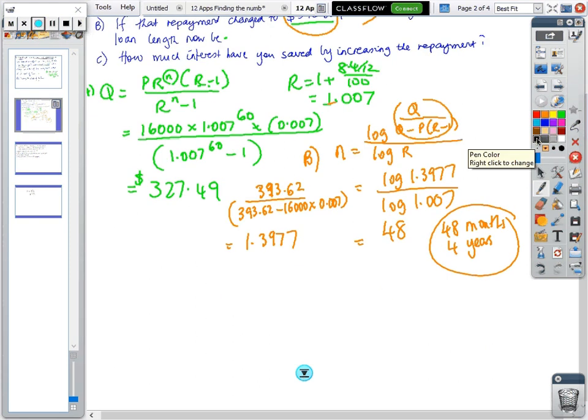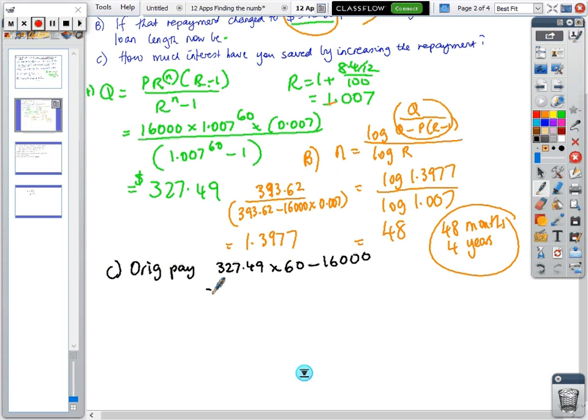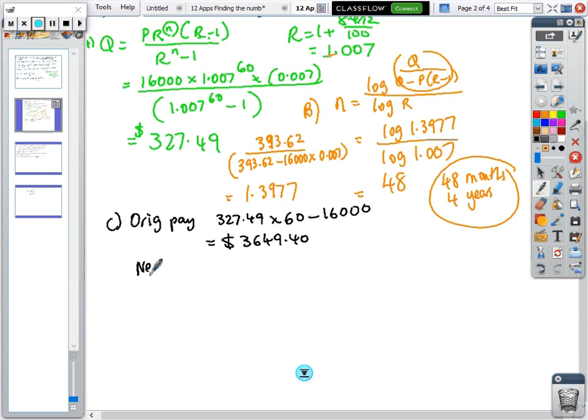Okay, so in part C, the original payments were $327.49, and we paid that for 60 payments. And then we subtract the loan, $16,000, and so that gives us the interest, $3,649.40.